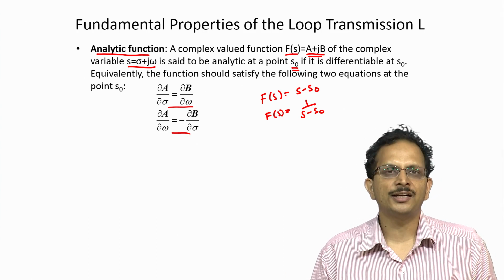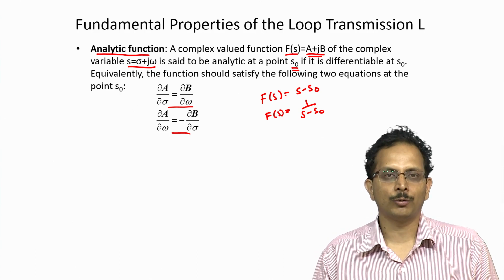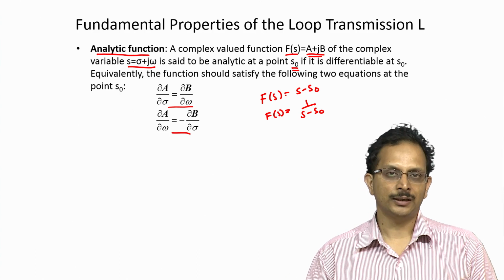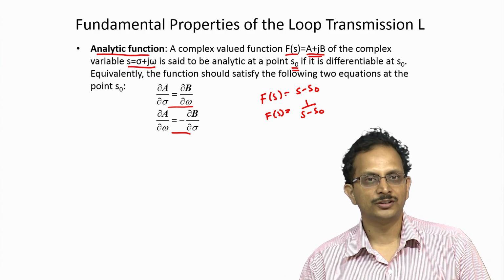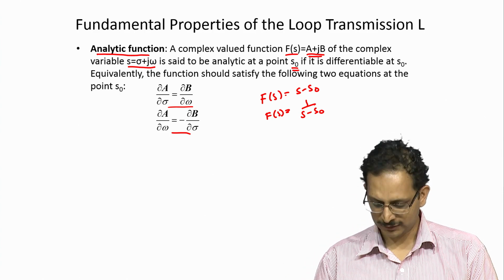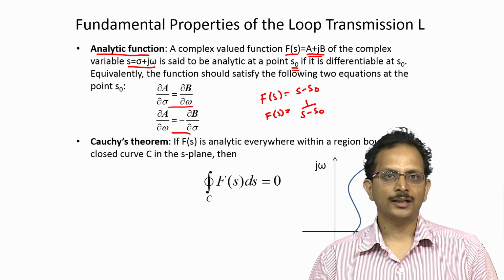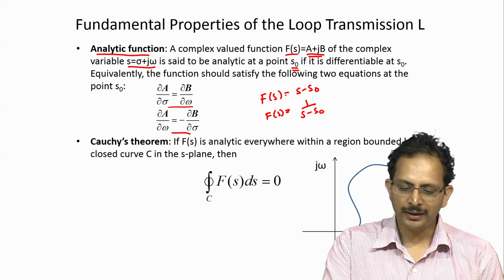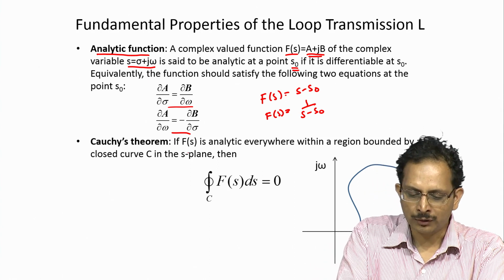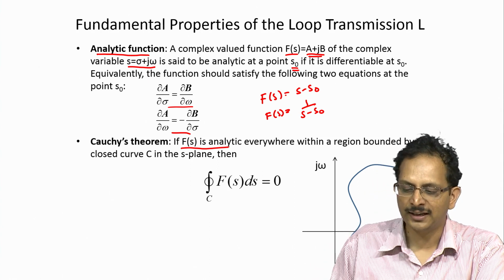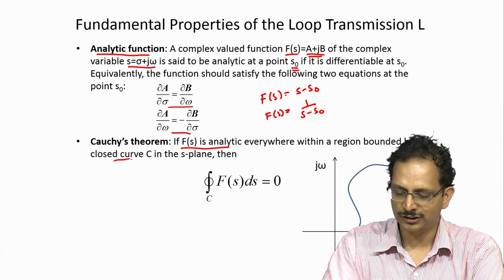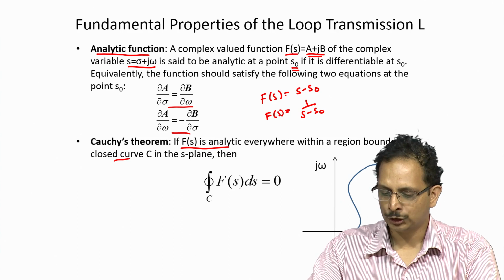So, the notion of an analytic function is quite a straightforward one, and the next theorem that we will be using repeatedly in the course of this clip is what is known as Cauchy's theorem, and the Cauchy's theorem is applicable to analytic functions, and the statement has been indicated here. So, if a function f of s is analytic everywhere within a certain region bounded by a closed curve C, and such a region has been shown here.